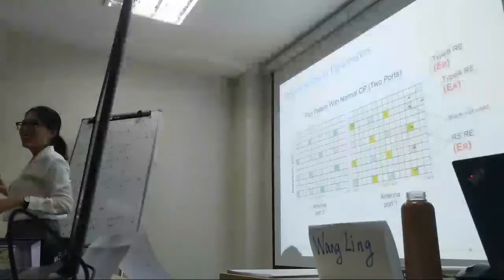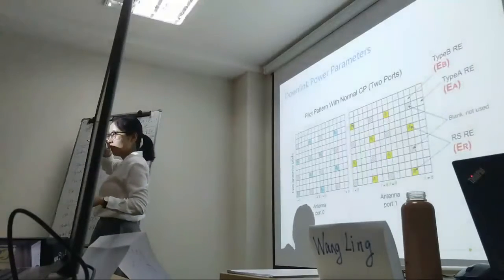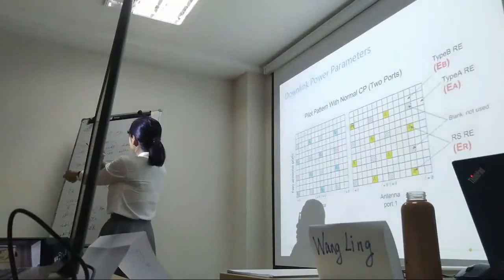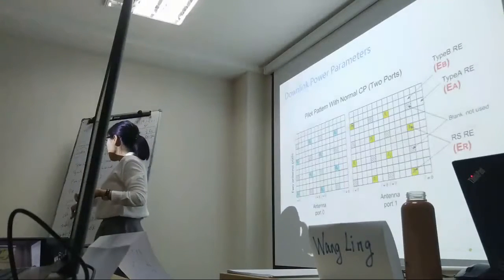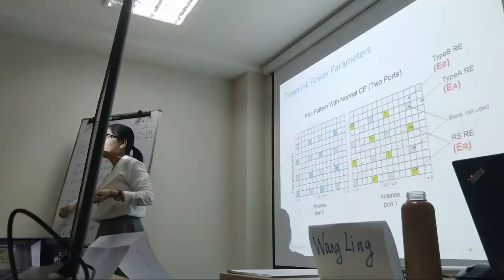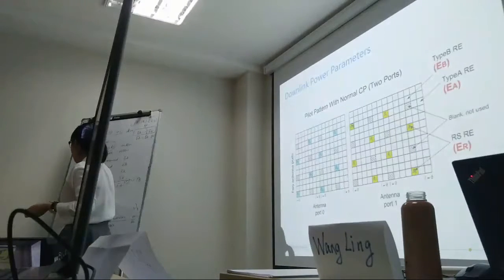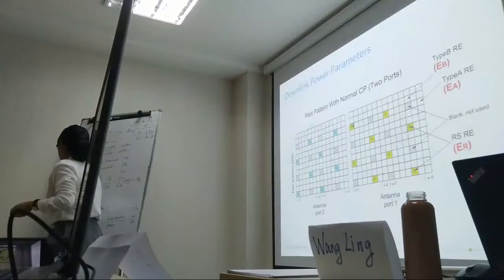Minus 3, how to get it? From which formula? PA equals minus 3. That means the rho A equals half. PA is the log value of rho A. Here PA is minus 3.